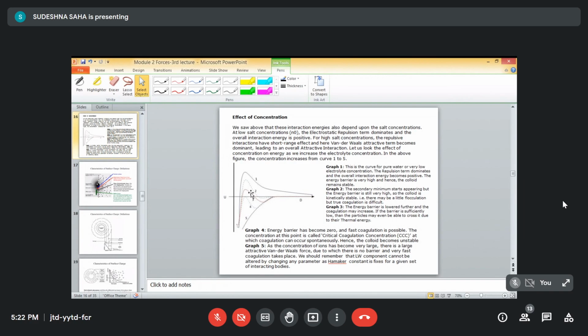Now in the second case, the secondary minimum starts appearing, but the energy barrier is still very high.